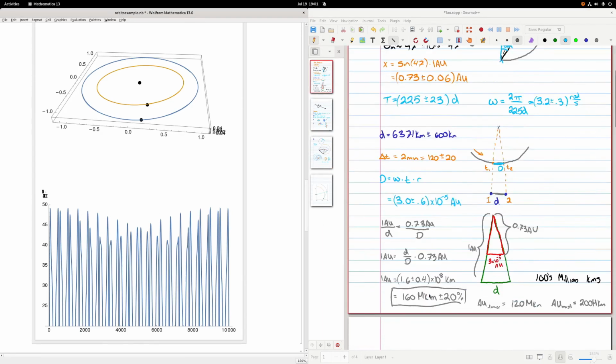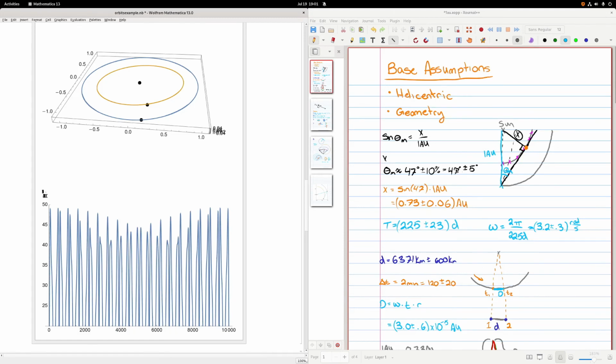It just so happens that this is close to my estimate. So, if you wanted, you could bump this error up to 8% even if you wanted. But it's about 8%. And what is really cool is if you just actually record this, you'll be able to determine the eccentricity of Venus.